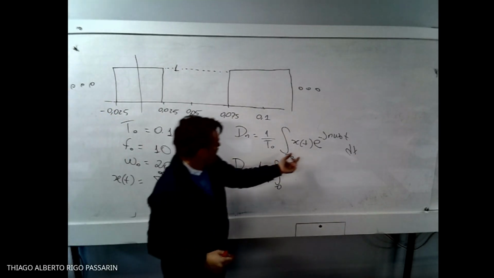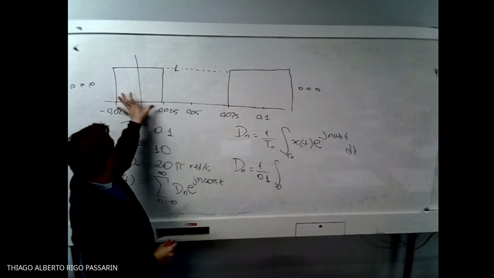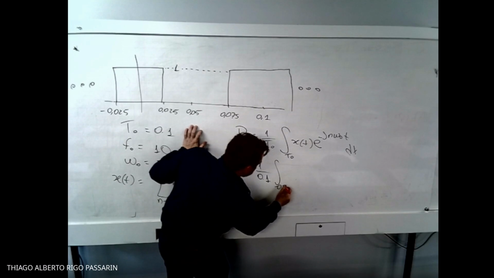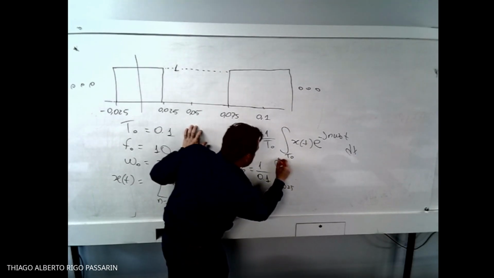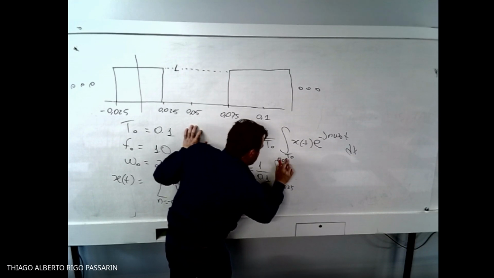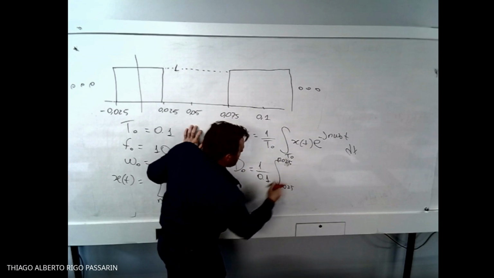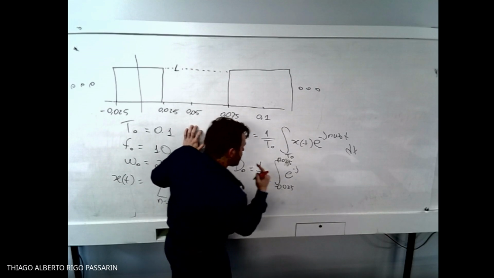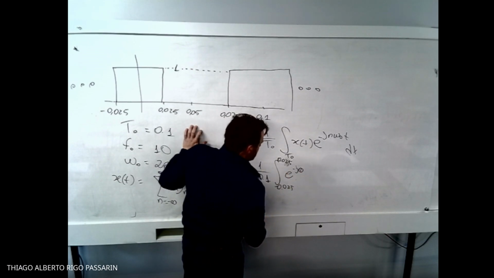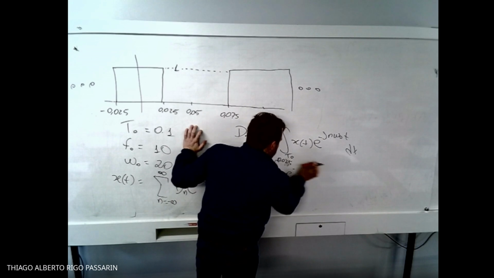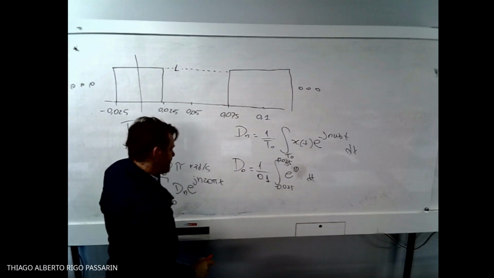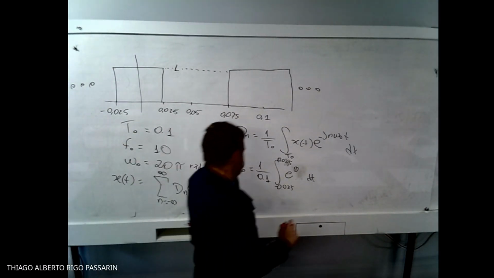So if x of t is 1 in this interval and 0 elsewhere, I can just go from minus 0.025 up to plus 0.025 of e to the minus jn omega 0 t, where n is 0, so e to the 0 dt. E to the 0 is 1, right?